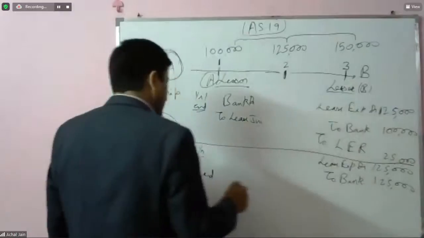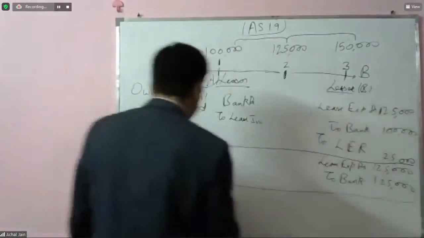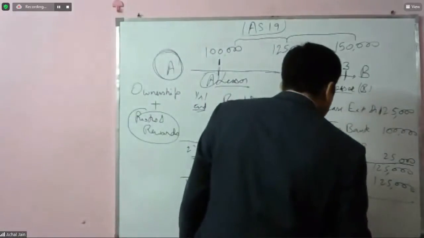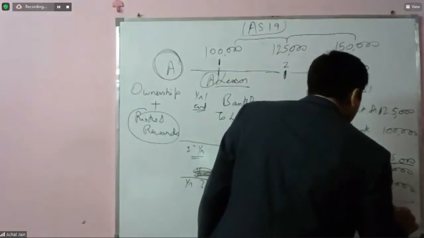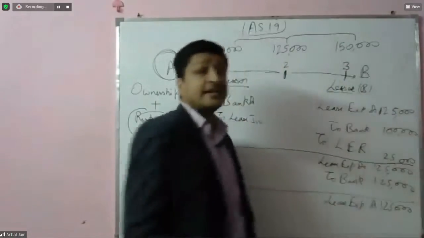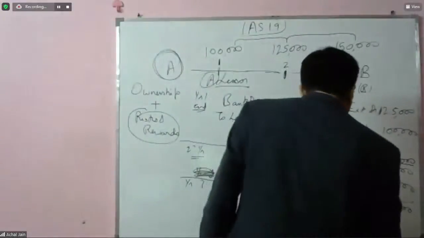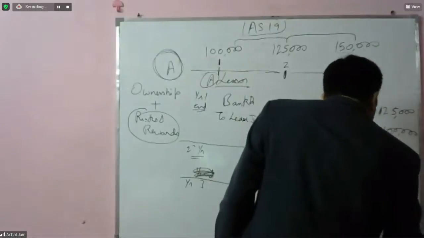Now, at the end of third year, he will once again record lease expense of only 1,25,000, even though he will make the payment of 1,50,000. To bank 1,50,000.